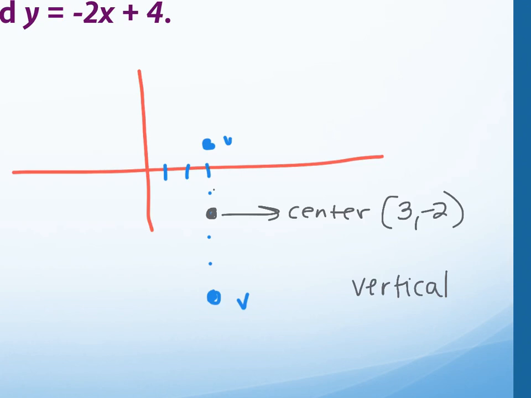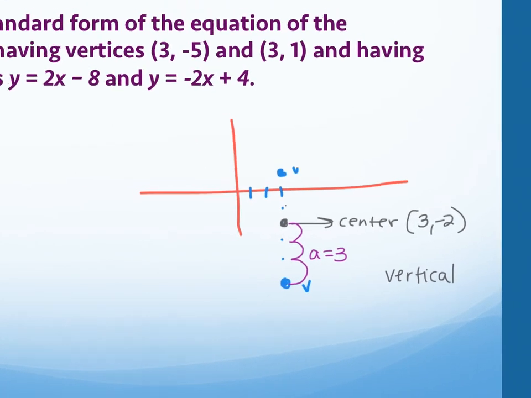What else do you know already? Or can you find now that you have that? What's a? What's the distance between the center and the vertex? Good. a is 3. You with me so far? That's all we've got so far.